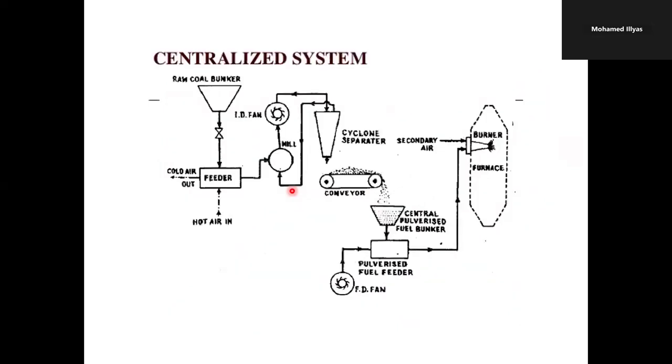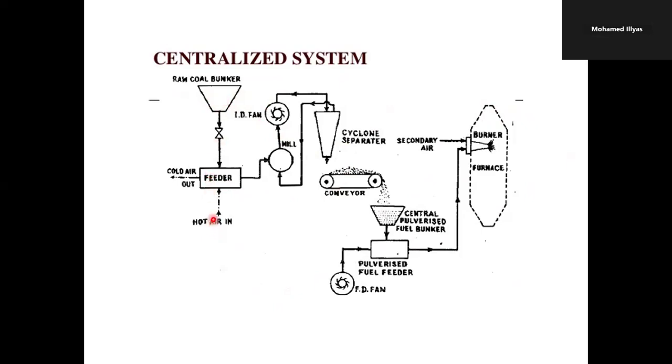And when we see the centralized system, this one will have a centralized coal handling or preparation unit. From this, the coal will be supplied to each unit separately. For this, we'll have a raw coal bunker, which is a temporary storage yard. From that, coal will be supplied to the feeder.